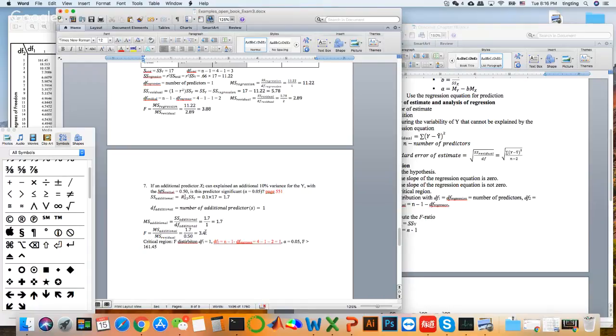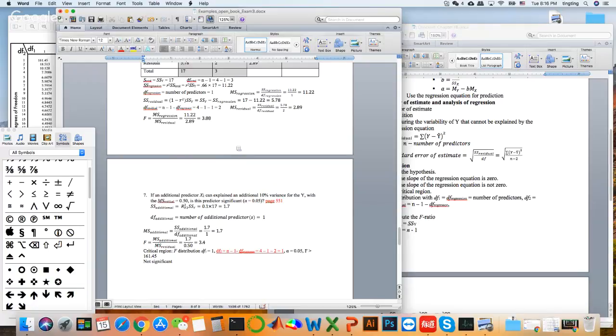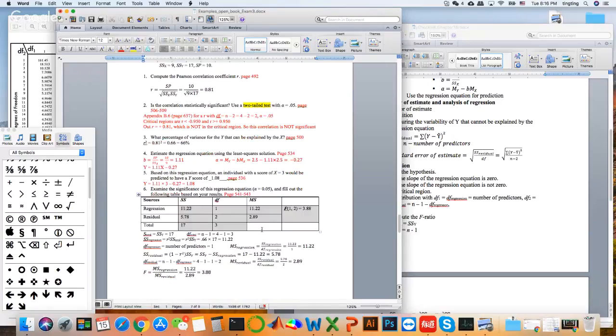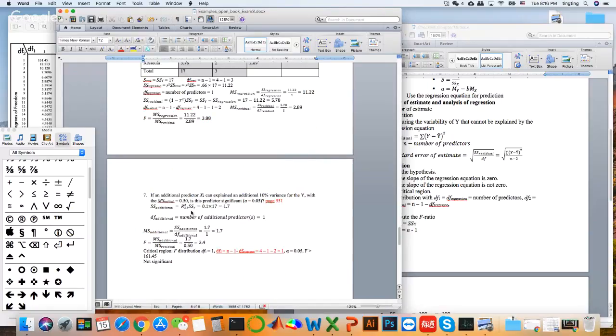This number is not in the critical region, right? Because it's not greater than 161, so it's not significant. Follow the same logic. Okay, we finished this problem set.